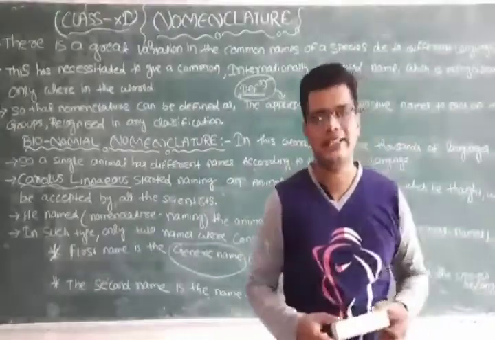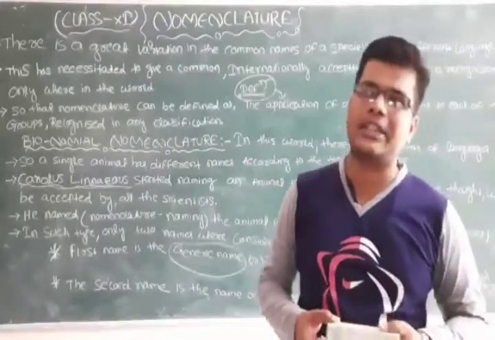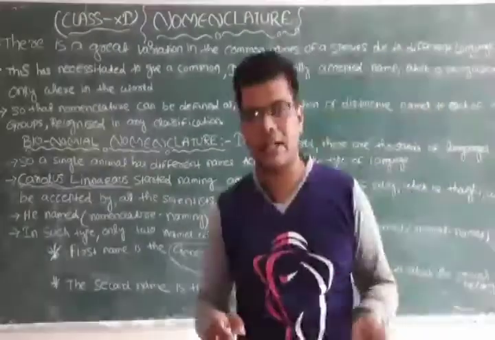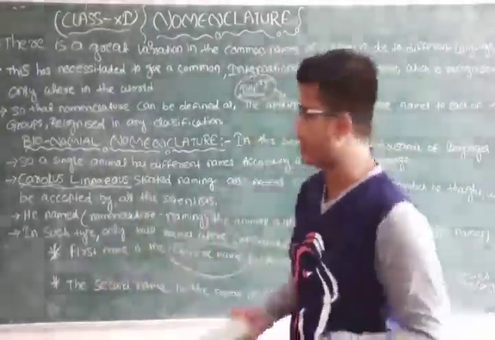I can give one example, the tiger. The scientific name of the tiger is Panthera tigris, where Panthera is the genus and tigris is the species. Okay, I can write that.